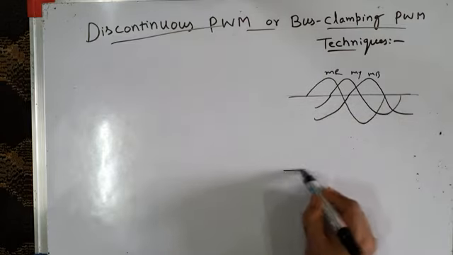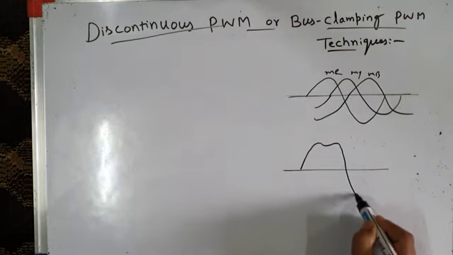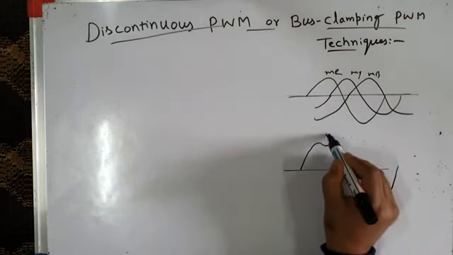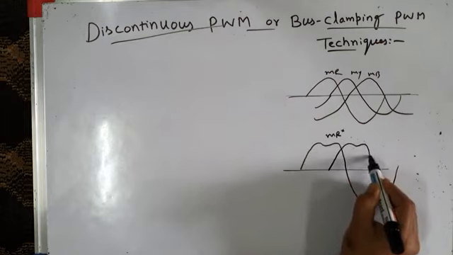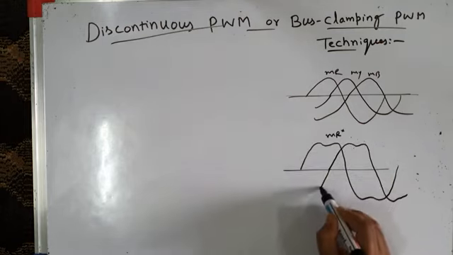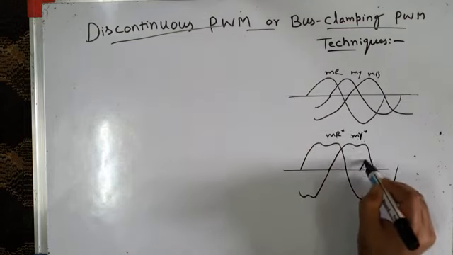In the third harmonic injection PWM technique also, our modified modulating waves were like this. This was MR star, for example. This is MY star, and this is MB star.